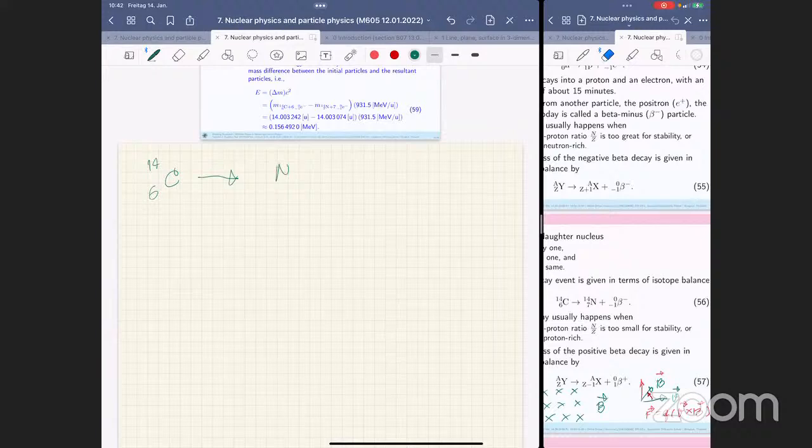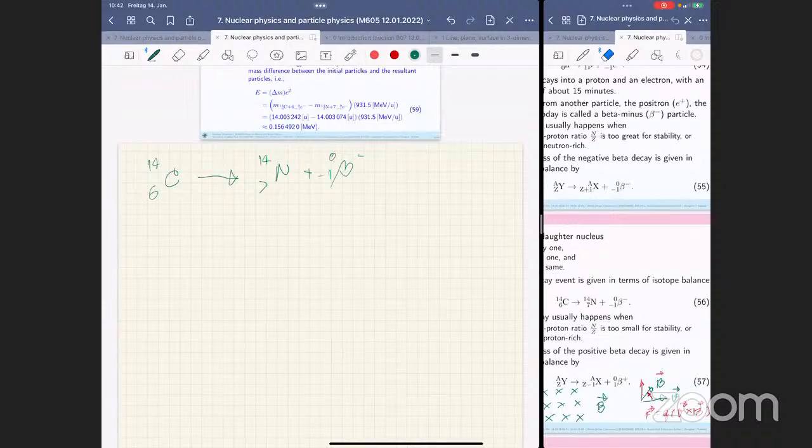This is the case when a neutron is converted to a proton, so we have 7, one more proton. We have the same nucleon number 14. And we have the electron, which is 0 and -1, negative charge.